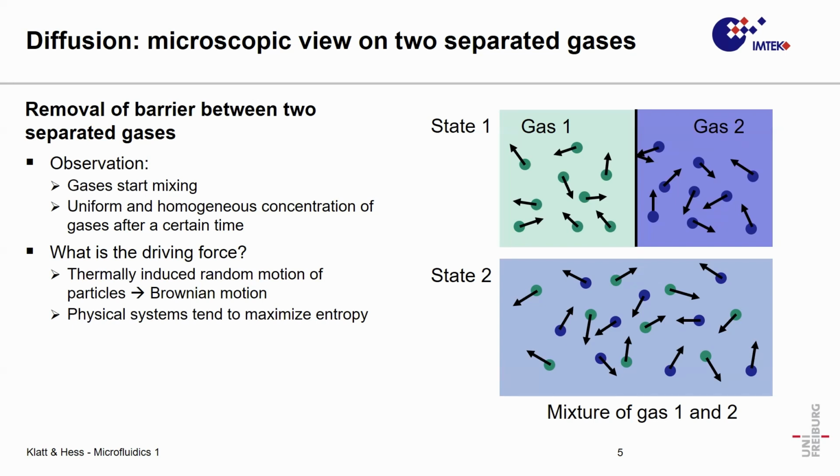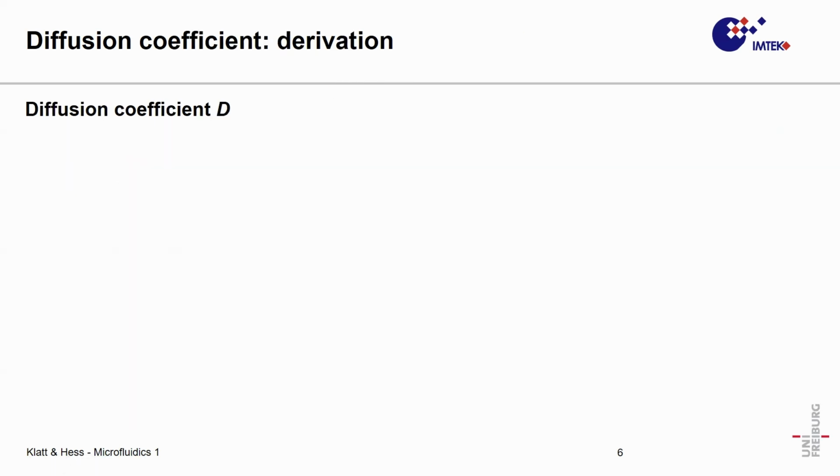To describe diffusive transport, you can use the diffusion coefficient D, and it basically describes the solute's interaction with the solvent. So usually, if you look at liquids, you have one liquid and there are particles inside at different concentrations.